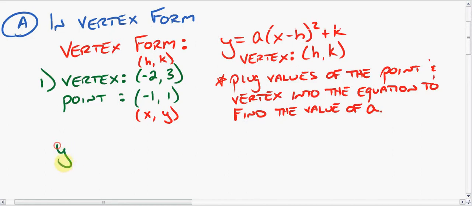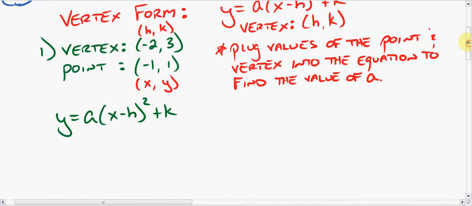I've got my vertex form, which is y equals a times the quantity x minus h squared plus k. So my y value is 1, the a is unknown, the x value is negative 1, my h value is negative 2, we're going to square this, and the k value is 3.